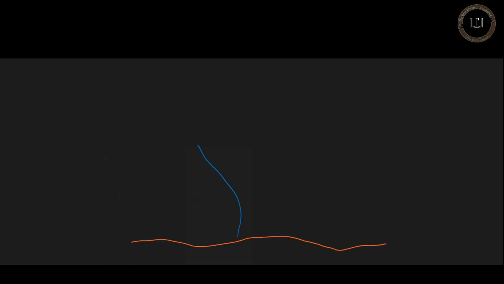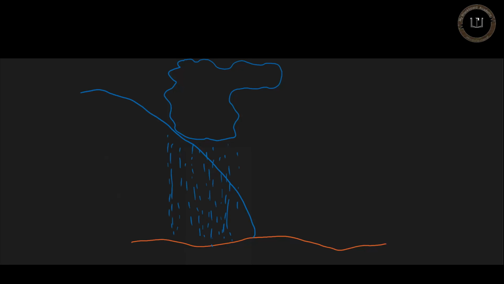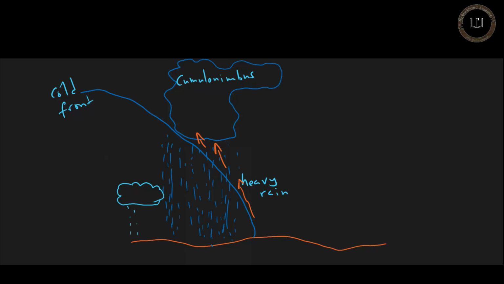The cold front is much steeper than the warm front, so the uplifting is very high. Cumulonimbus clouds form. The clouds are associated with heavy rain and thunderstorms. The area in which the rain falls is usually smaller than the rainfall area associated with the warm front.